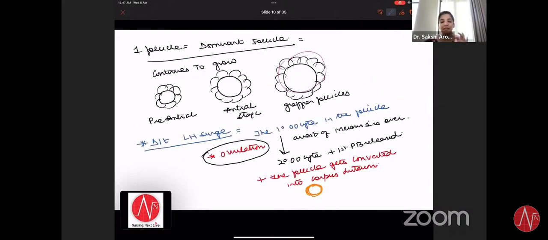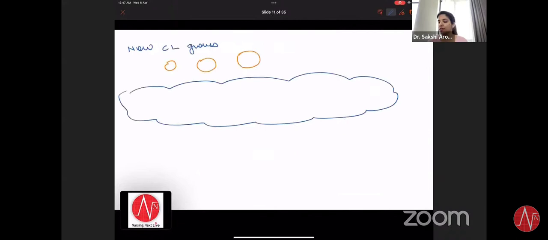Corpus luteum बना क्योंकि ovulation हुआ and follicle जो था that got converted into corpus luteum, and ovulation हुआ due to hormone LH. In other words, if I ask you which hormone is responsible for formation and maintenance of corpus luteum, your answer will be LH, right?